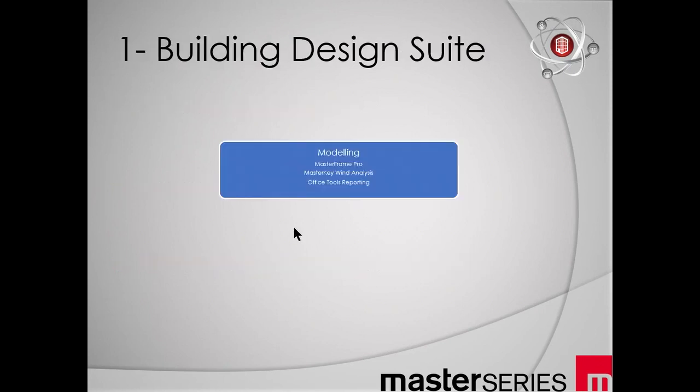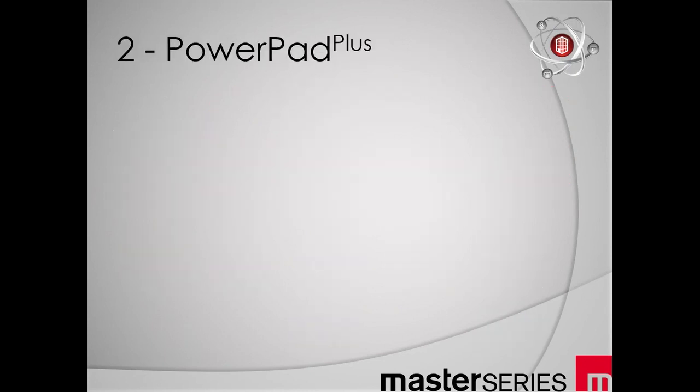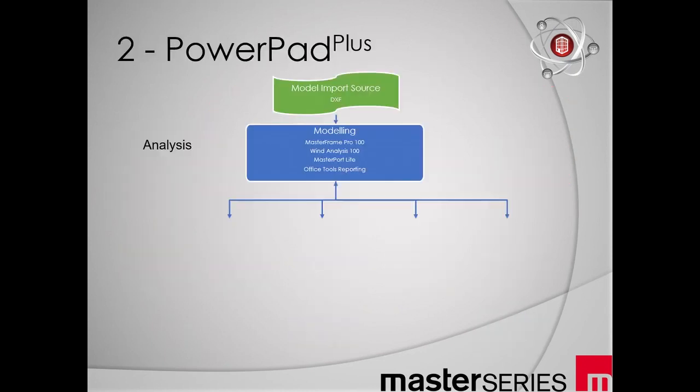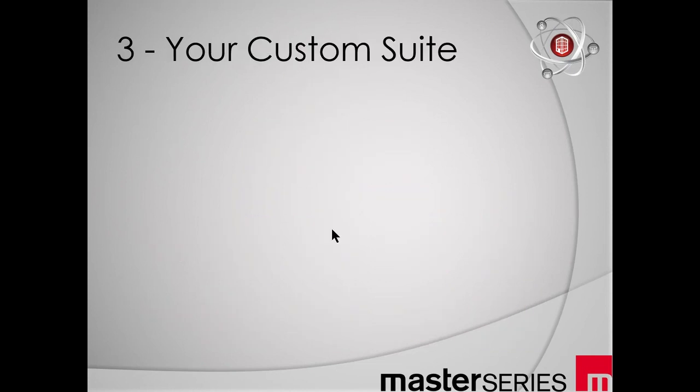So let's just skip past all this very quickly on the building design suite with its interconnectivity and look at the PowerPad here. And we'll see that we have retaining walls down here in concrete and masonry. But of course what we're looking at is the individual modules.